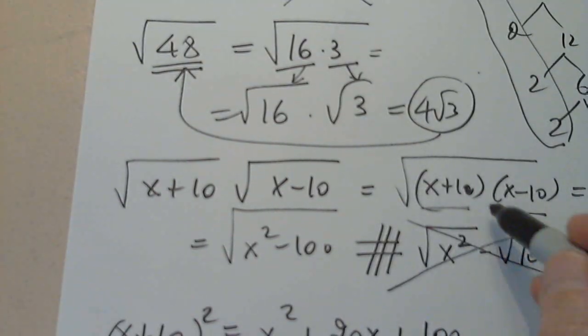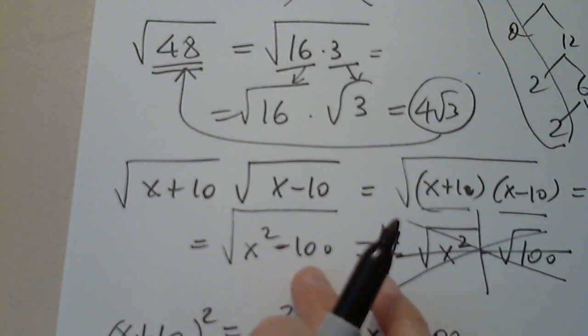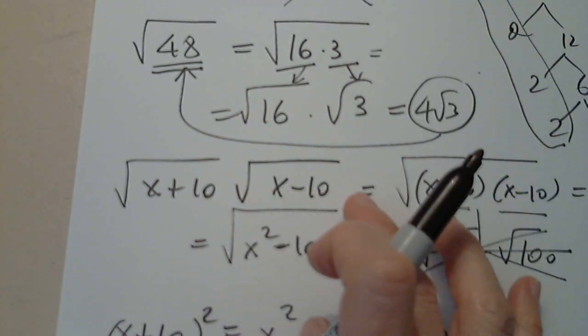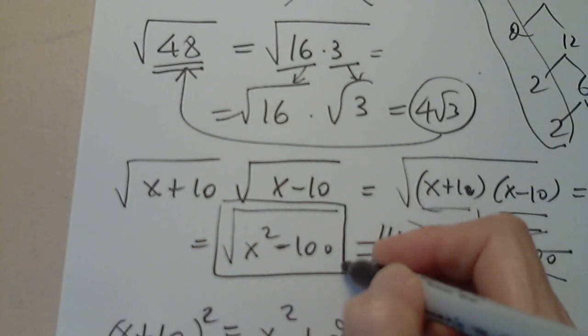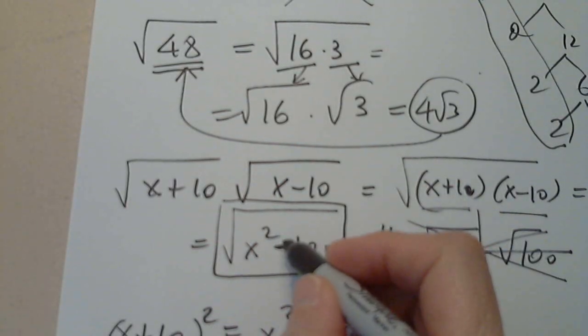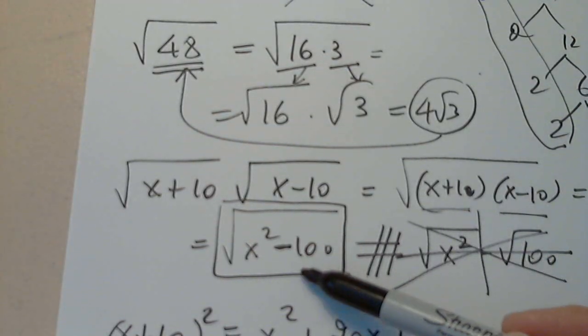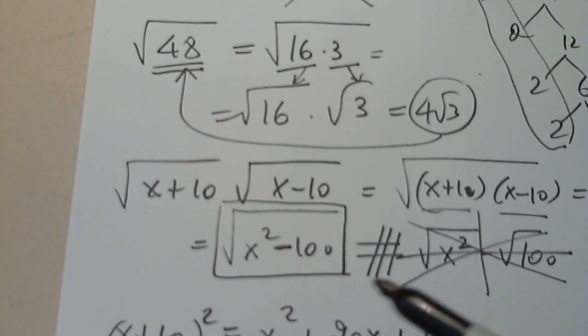Never, never, ever. We don't have a rule for a difference of terms under any root. This is carved in stone. If it were multiplication or division, yes, I could have split it, but never split a difference or a sum. That's never allowed. Good.